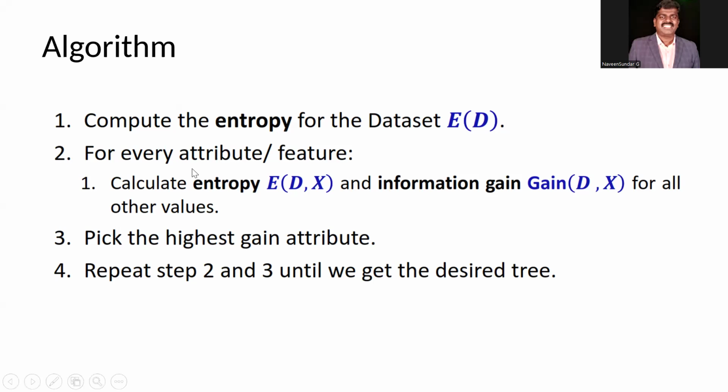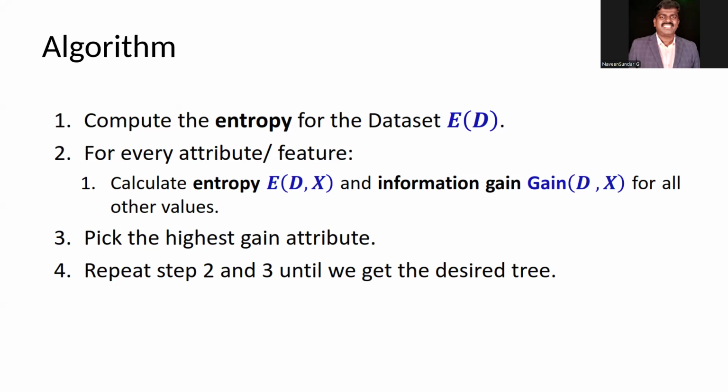So for each attribute we first calculate the entropy E of D comma X and the information gain, that is gain of D comma X, for all values. Pick the highest gain attribute and then repeat steps 2 and 3 until we get the desired tree. Got it? So this is for the first one, and again we repeat the same until we reach the leaf node.